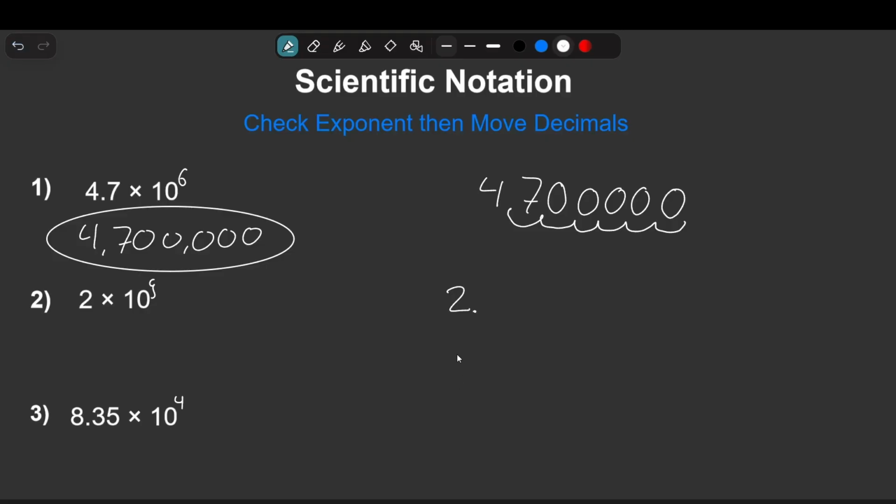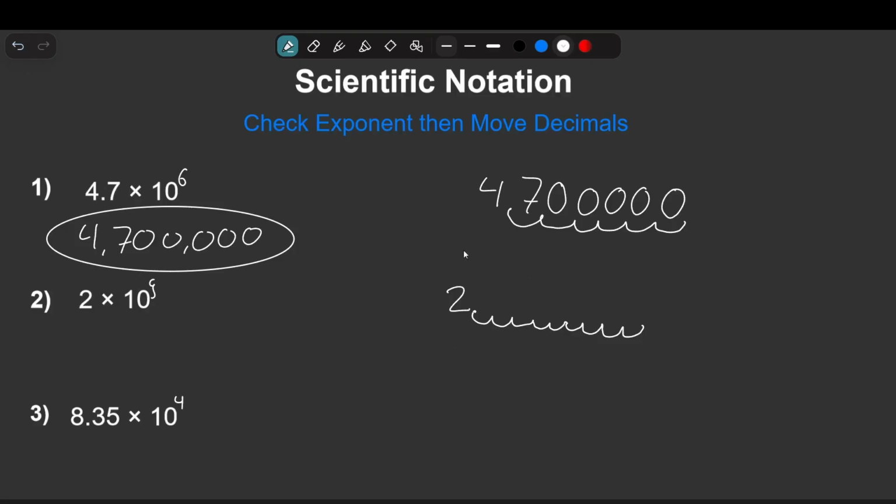Now we're going to move the decimal from here 9 times because our exponent says so. 1, 2, 3, 4, 5, 6, 7, 8, and 9. Again, this is a bit crooked, but it's okay.